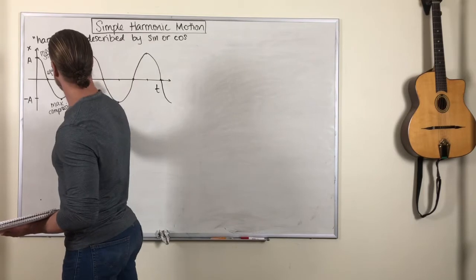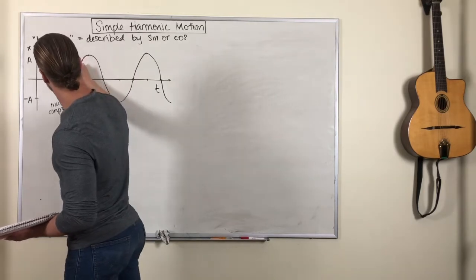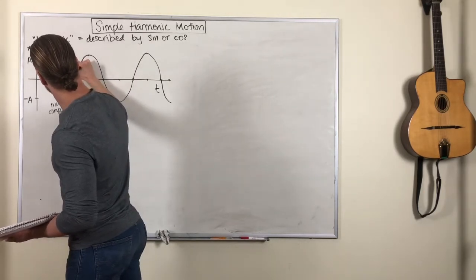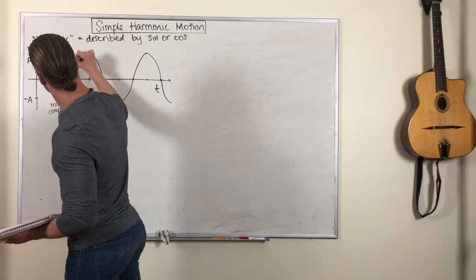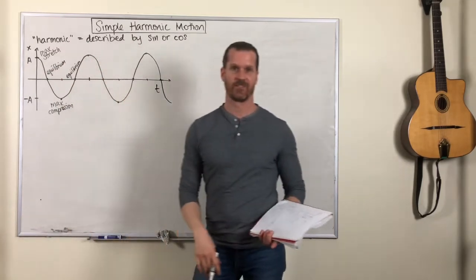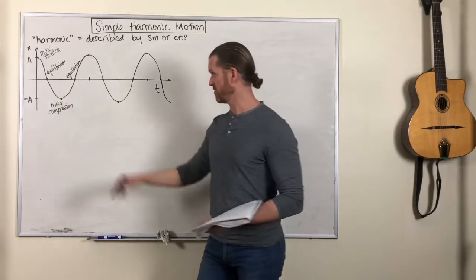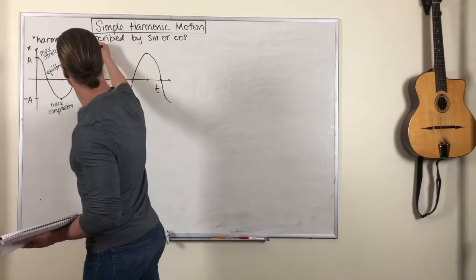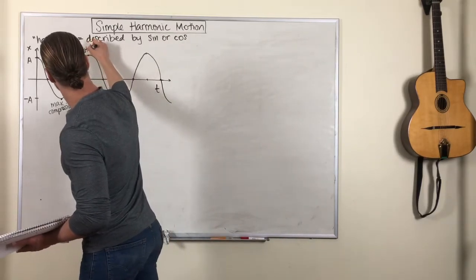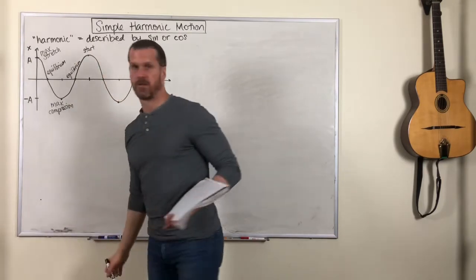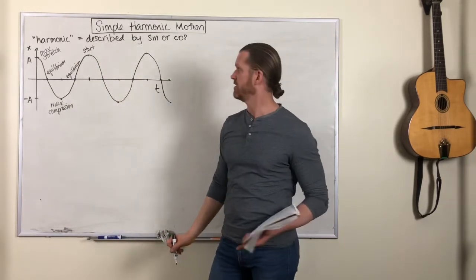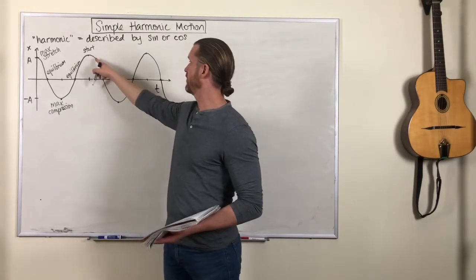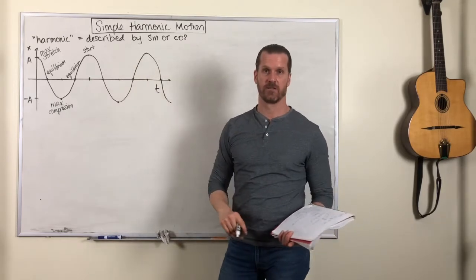It passes through equilibrium once again. It's going the other way through equilibrium this time, and then returns to the start of that maximum stretch. And then that whole process repeats over and over again.